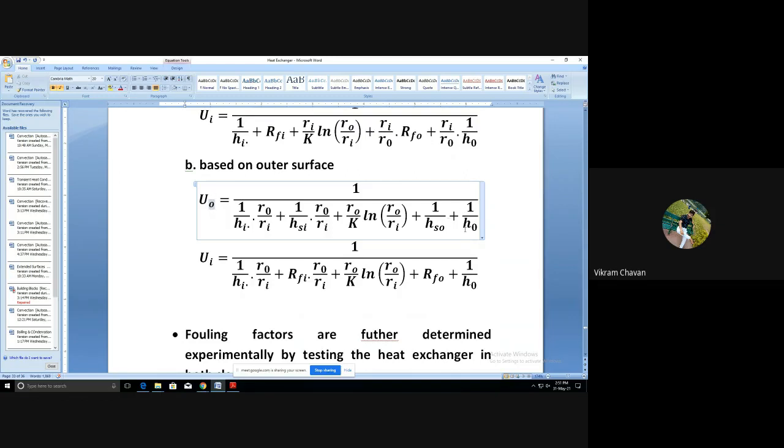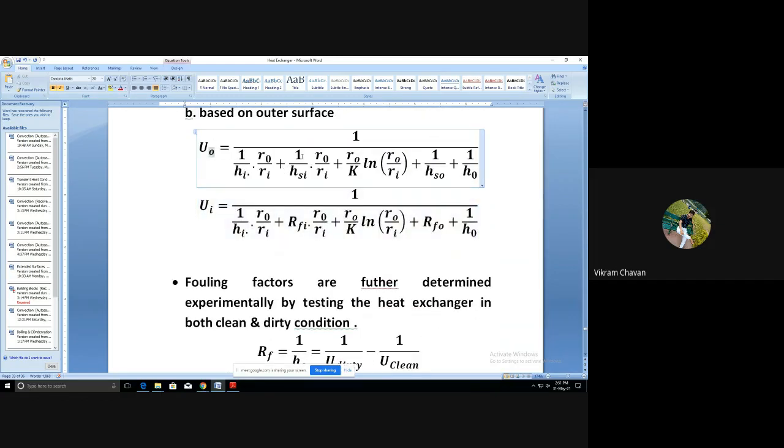In this fashion, 1 upon h_si is nothing but the fouling resistance on the inner surface, and 1 divided by h_so is the fouling factor on the outer surface.